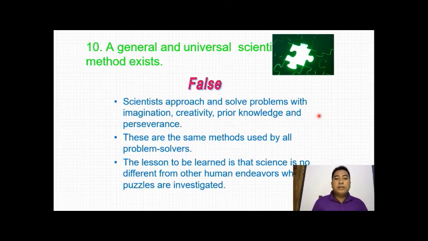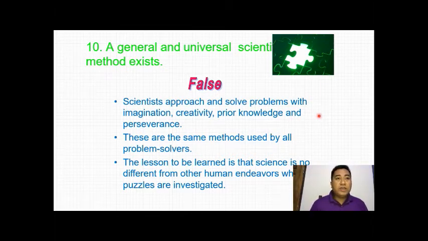Is there a general and universal scientific method? This one is also false. So I will read to you why it is false. Scientists approach and solve problems with imagination, creativity, prior knowledge, and perseverance. So this is not a universal thing. For example, if you are going to climb a ladder, you are not going to step on the fourth rung if you have not stepped on the first one.